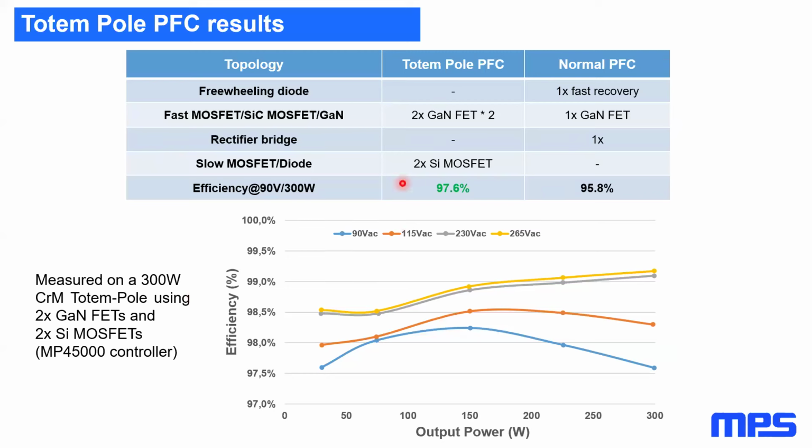So you see as the result, by using a totem pole PFC, getting rid of the rectifier bridge, we have that 1 to 2% efficiency improvement. Of course, the controller needs to be a bit complex also because it has to be able to select the right polarity and control the FETs accordingly. But yeah, this is a good way to get to a higher efficiency.